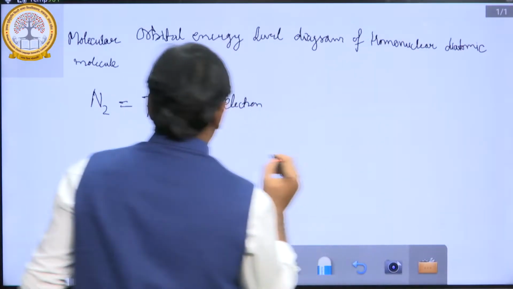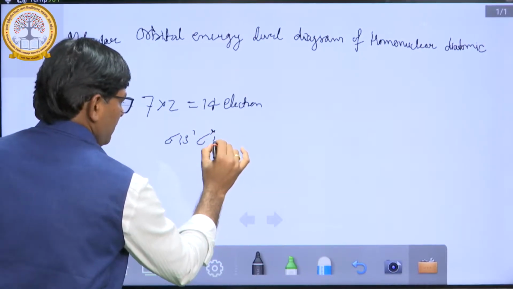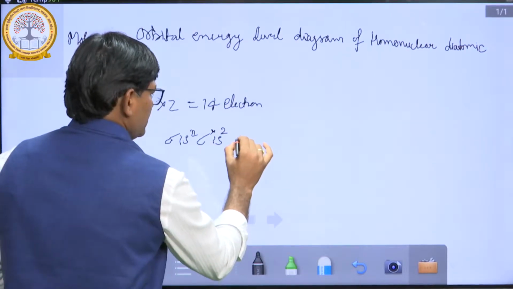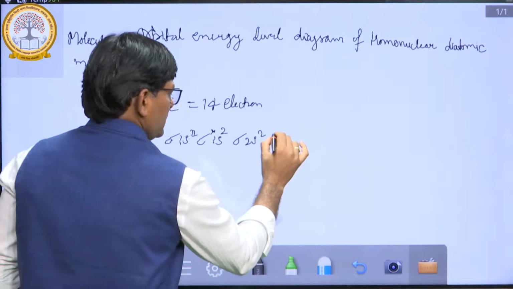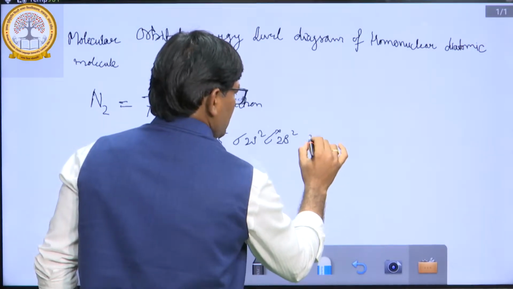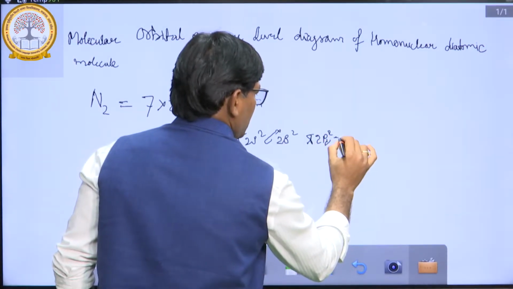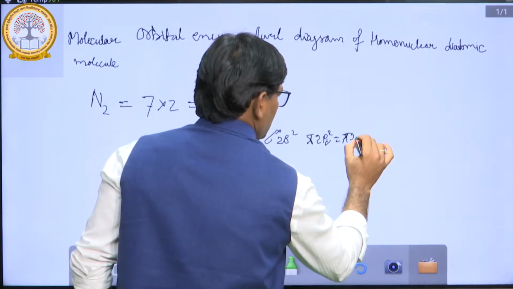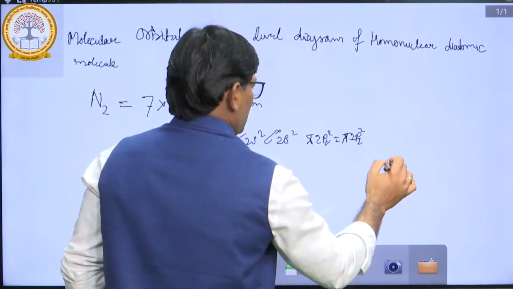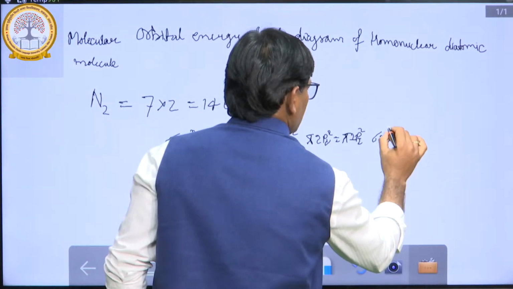Here you can see first sigma 1s2, sigma star 1s2, sigma 2s2, sigma star 2s2, pi 2py2 equal to pi 2pz2, and sigma 2px2.